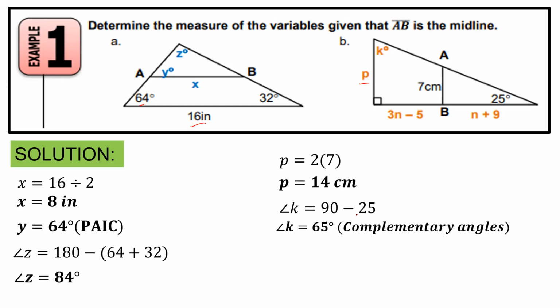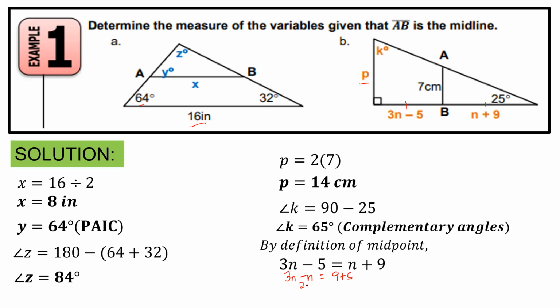And last, to get the value of n and the measurement of these segments, since this leg has its midpoint, which is B, this segment is congruent to the other segment. So we can equate them. 3n minus 5 is equal to n plus 9. Then combine like terms, we have 3n minus n is equal to 9 plus 5.